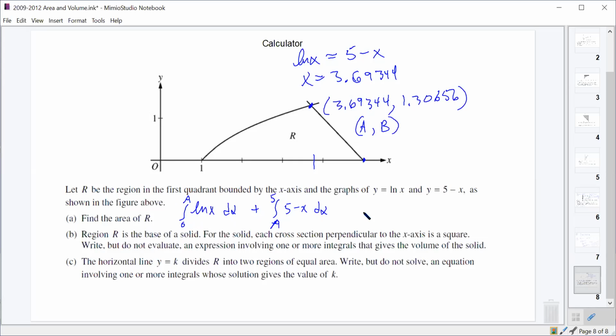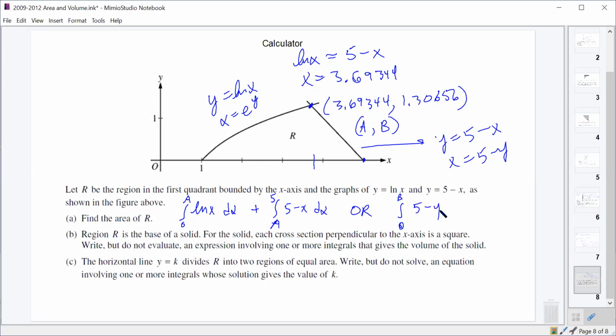Or if y equals ln x, x equals e to the y. And if y equals 5 minus x, then x equals 5 minus y. So we could have done an integral from 0 to b of the right function, 5 minus y, minus the left function, e to the y, dy.